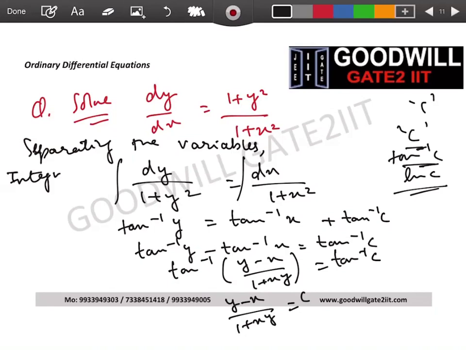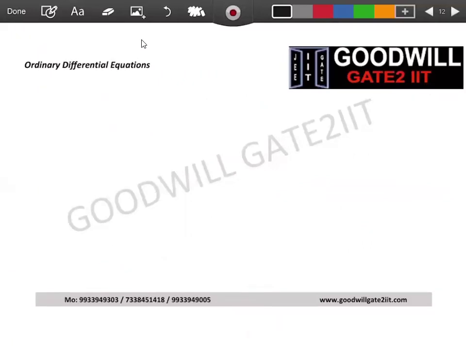So let's move on to the next numerical then. Find the solution of a first order differential equation x dash t equal to minus 3x t, where x naught becomes x0.